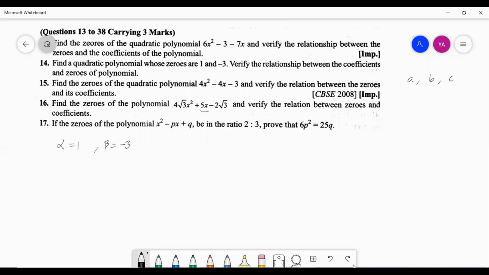But here we want to verify the relations. Therefore, we can't use that method, because in that method we apply the relations first to form the polynomial.